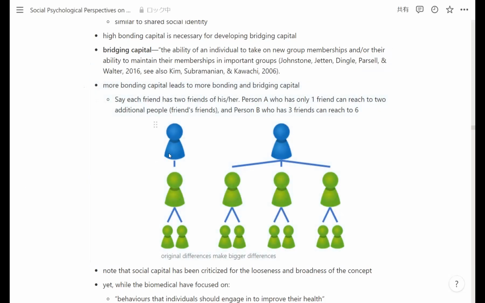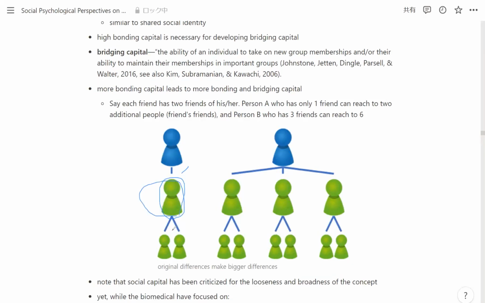So let's say this blue person has only one friend. So you could say that his or her bonding capital is 1. And this person has 3 friends.